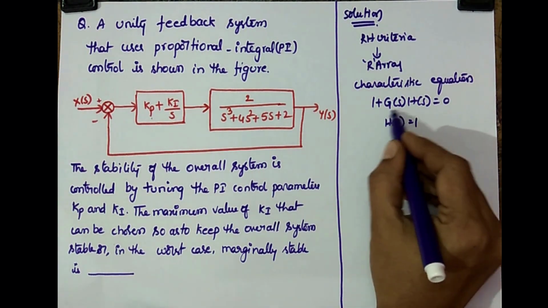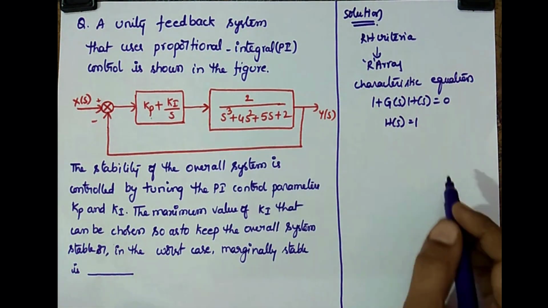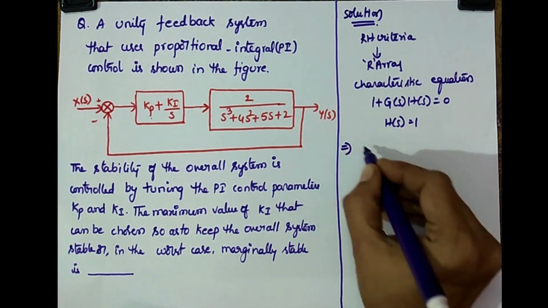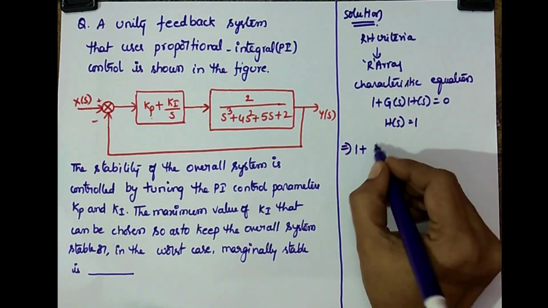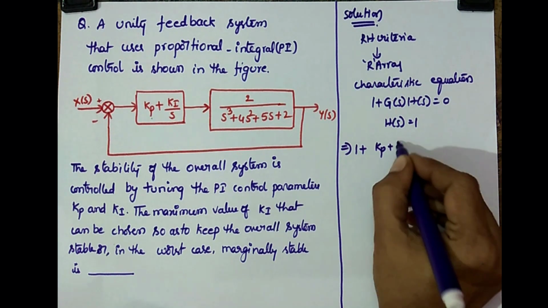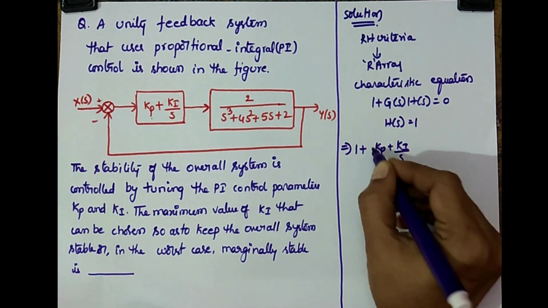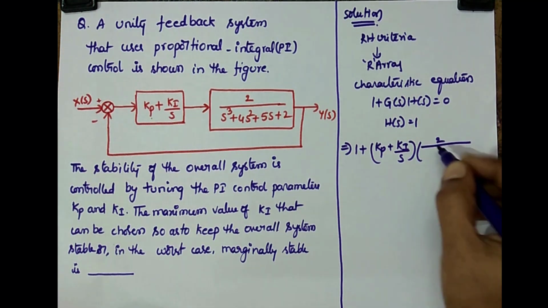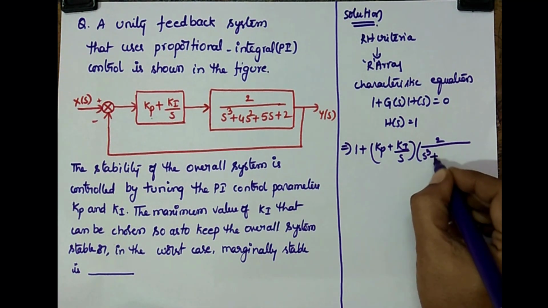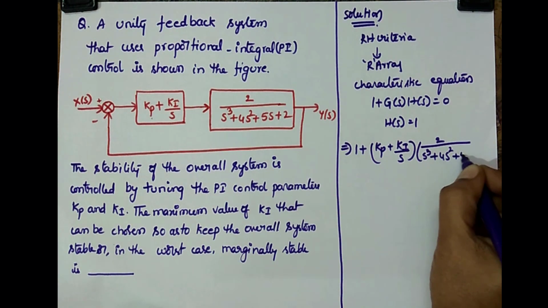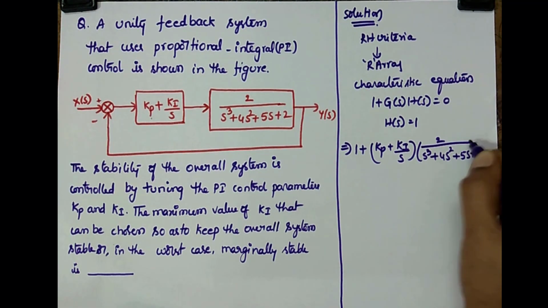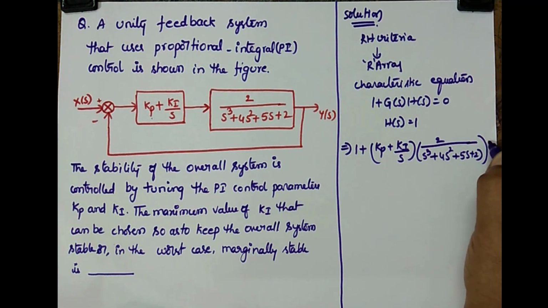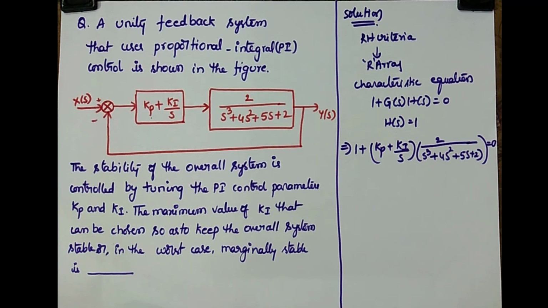And what is G(s)? G(s) is the product of these two. So 1 plus (Kp plus Ki by s) into 2 by (s cube plus 4s square plus 5s plus 2) is equal to 0.